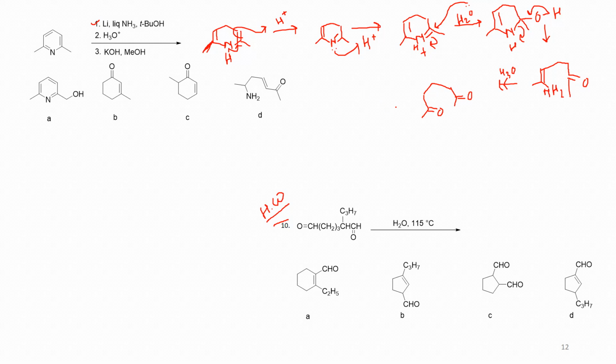Now they have added base. So in presence of base, we know as there is an alpha hydrogen, so there is a high chance of aldol condensation.